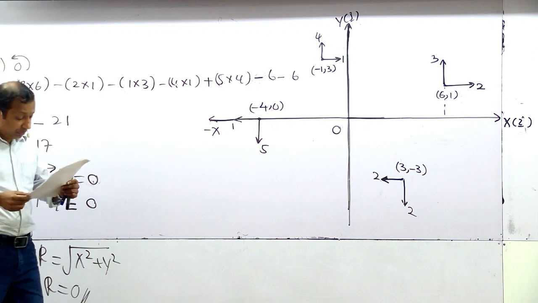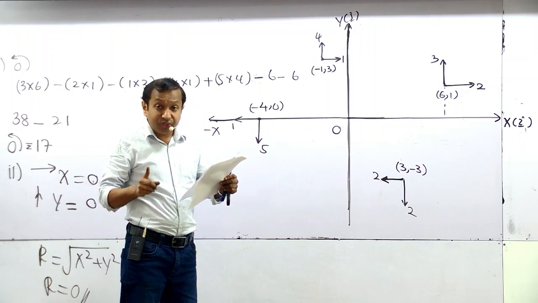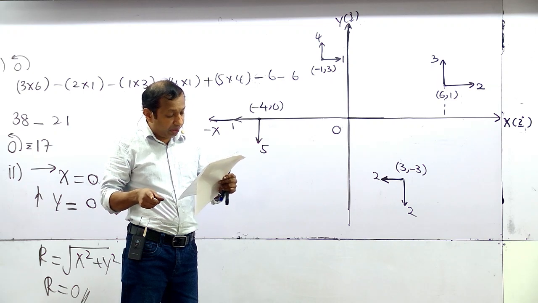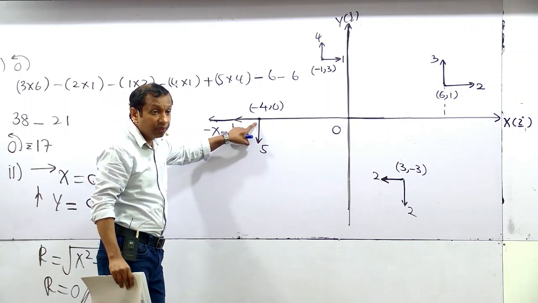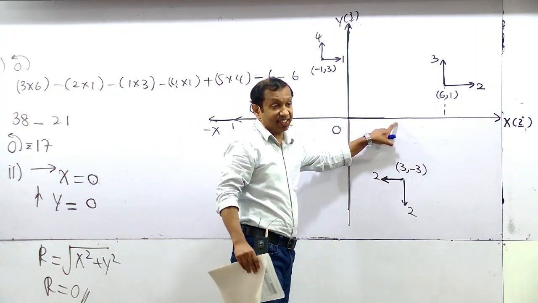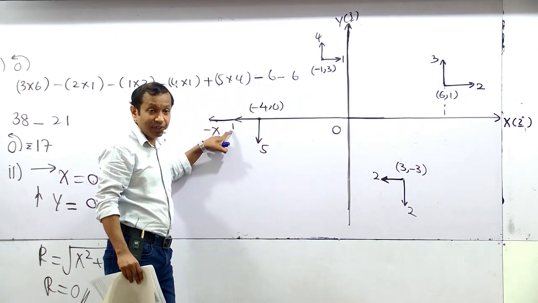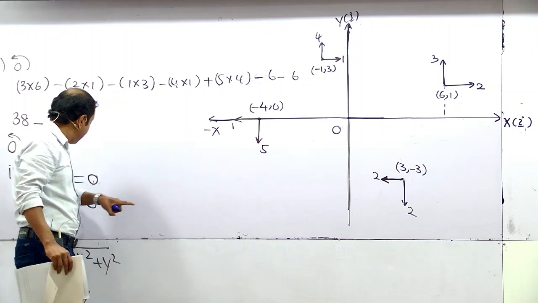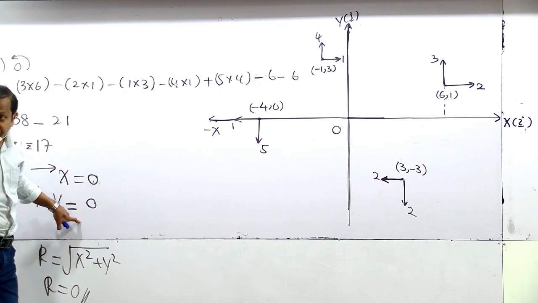Yes, fourth one. If the system is in equilibrium, when the force minus i minus 5j is transferred to a point on the x-axis, find the point on the x-axis. People, now this force we change from this point of action to another point on the same x-axis. But its sizes, 5 and 1, we won't change. Since we don't change these two forces, still x is 0, y is 0, no resultant.